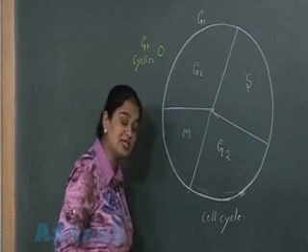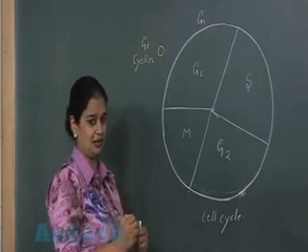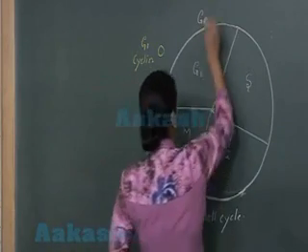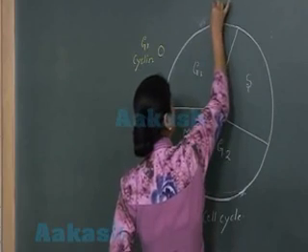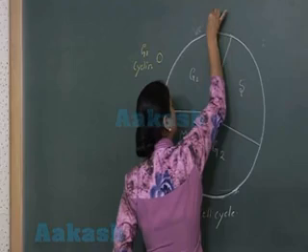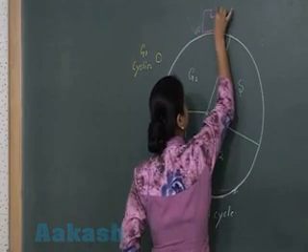This G1 cyclin protein will join with the CDK enzyme. So let's say this is enzyme. Let's say this is CDK enzyme.